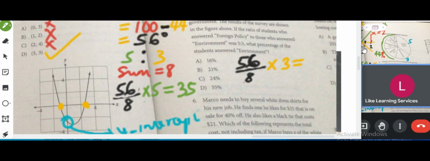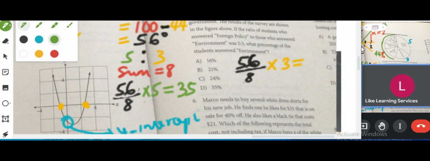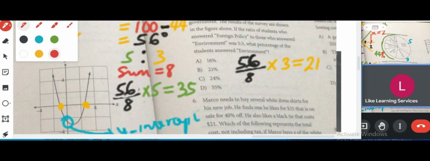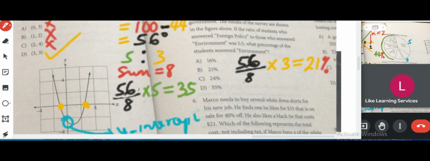So what is 56 over 8 times 3? 21. So the correct option is B, 21.